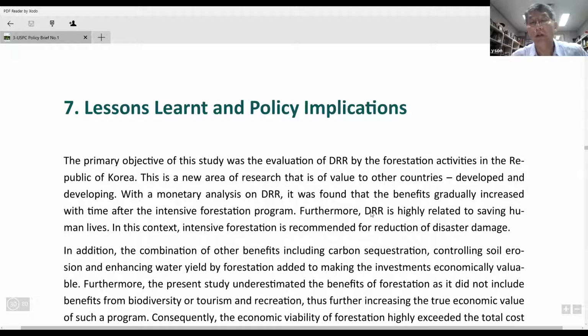Landslides, flooding, and forest fires make human lives dangerous. After reforestation, DRR is highly related to saving human lives. In this context, intensive forestation is recommended for reduction of disaster damage. You can save many human lives using reforestation.